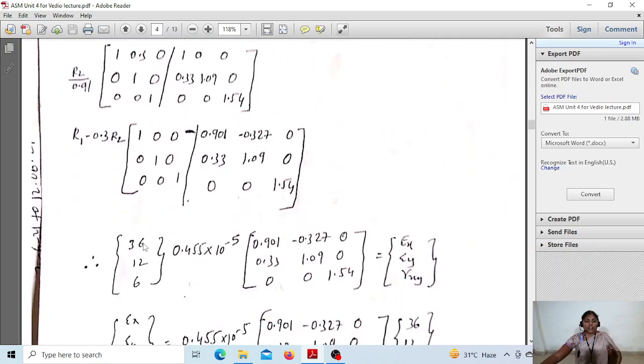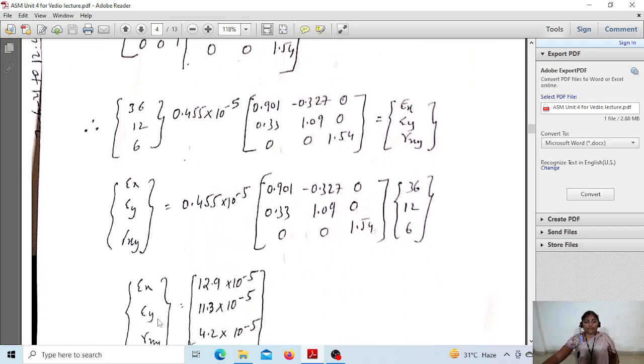Then you will have 36, 12, 6 multiplied by 0.455 into 10 power 5 into your inverse matrix 0.901, minus 0.327, 0; 0.33, 1.09, 0; 0, 0, 1.54, which is equal to epsilon x, epsilon y, gamma xy.